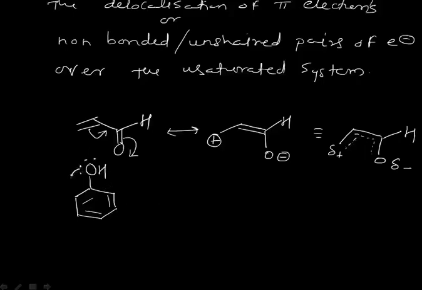So here the unshared pair of electrons is going to be delocalized over the aromatic ring, and we are going to have a negative charge here, formation of a C double bond O. Now oxygen will acquire a positive charge, and the rest of the double bonds remain as such.